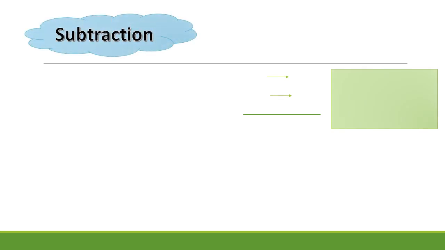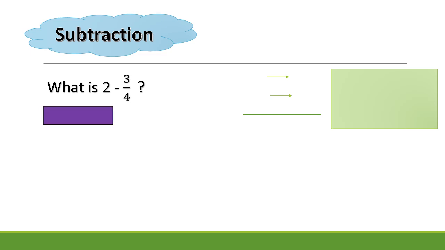Subtraction. What is 2 minus 3/4? Notice that we have a whole number and a fraction. So let us use a mathematical model. One whole is divided into 4 equal parts.